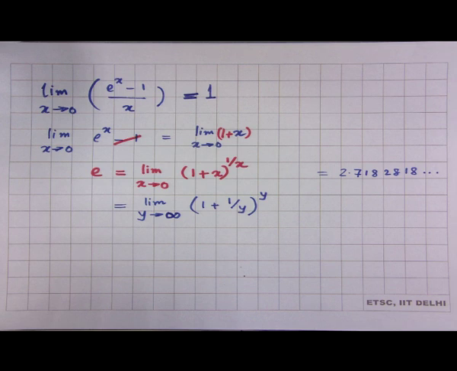I could also have written it in this format, limit y tends to infinity, so y is a very large number, 1 plus 1 by y whole power y. So, I have replaced x with 1 by y in this formulation. Okay.